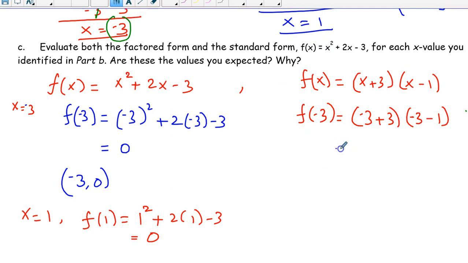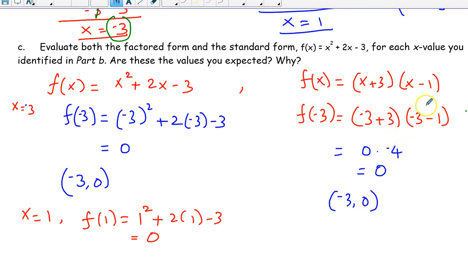So what is negative 3 plus positive 3? 1 is the opposite of the other, so 0. You got 0 times negative 3 minus 1 is negative 4. Okay, and the result is 0. Same thing you see. For x is equal to negative 3, the value of y is 0.